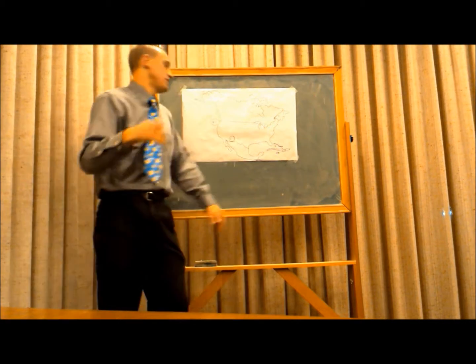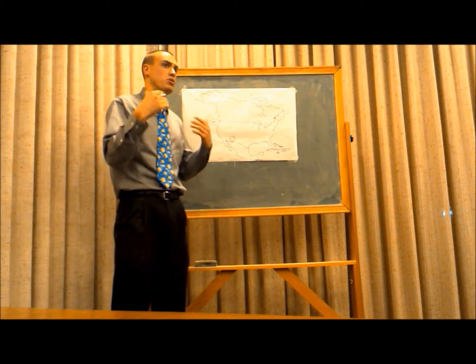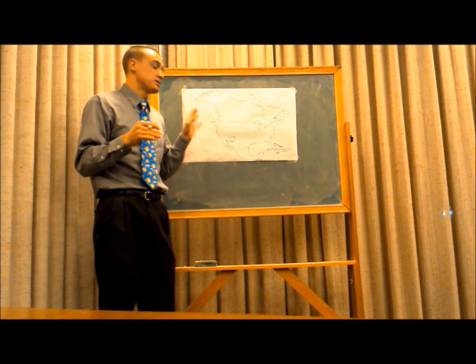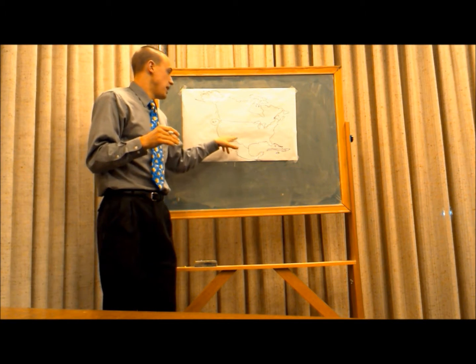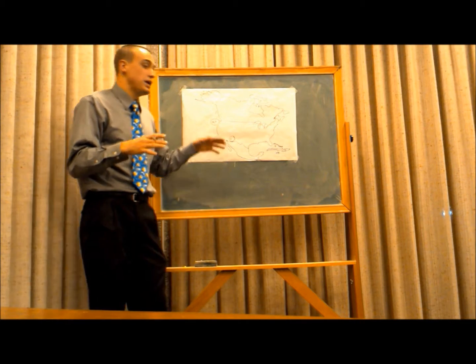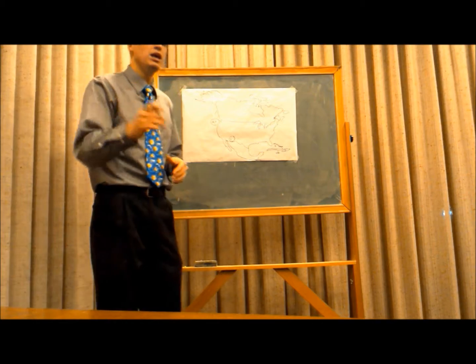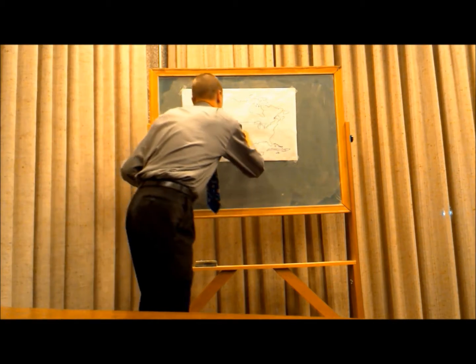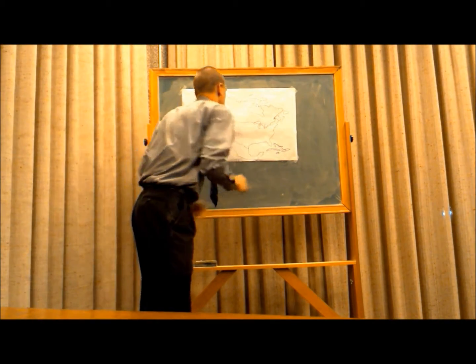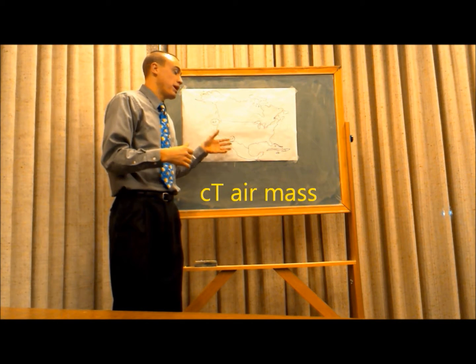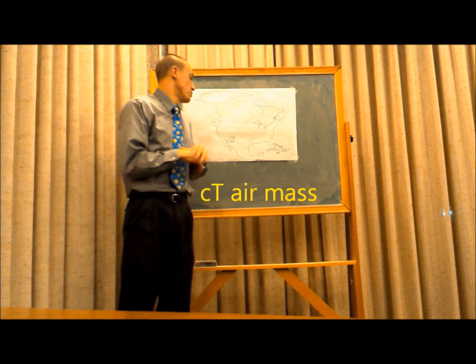Now the second question we need to ask ourselves is what location or what region did the air mass originate from? And this air mass originated in a warm environment, so we give a capital T to this air mass. This air mass is known as a continental tropic air mass, or CT for short.